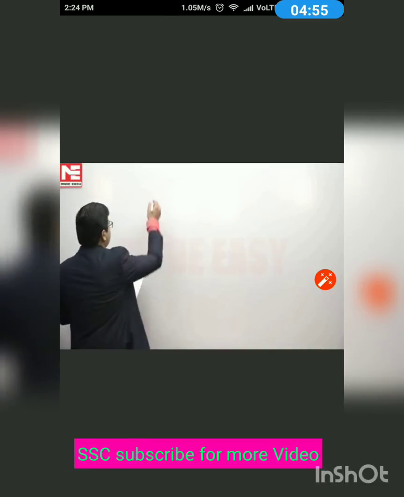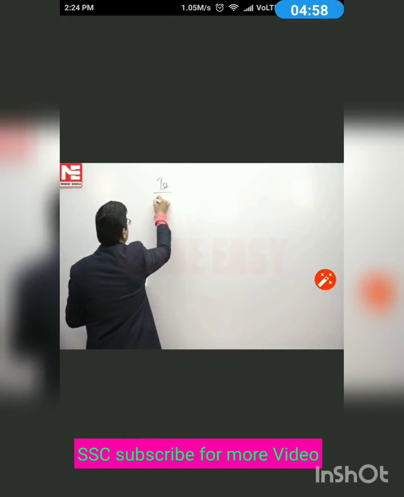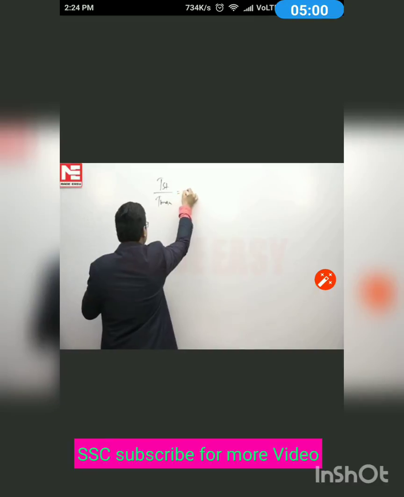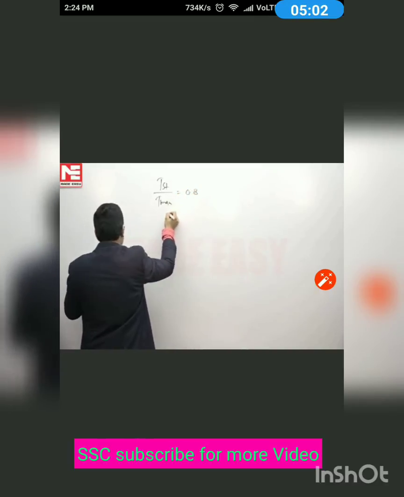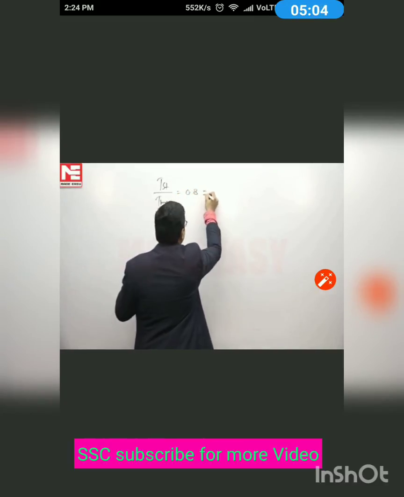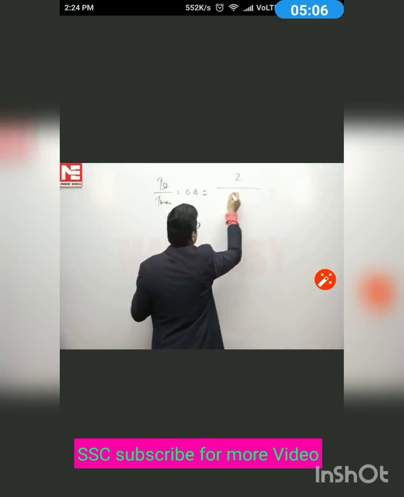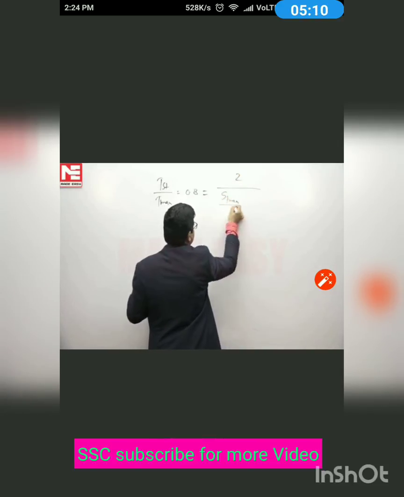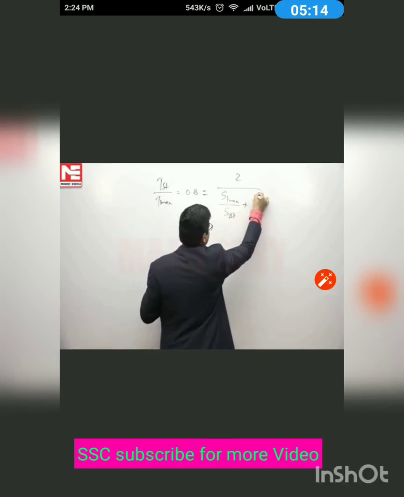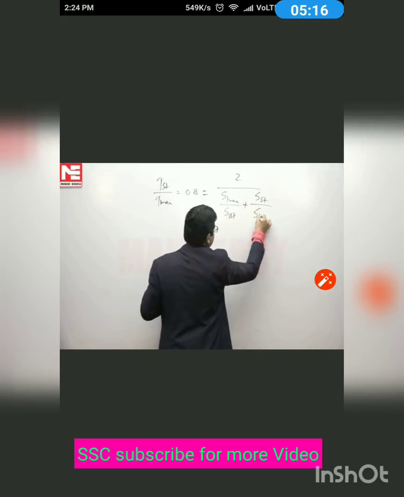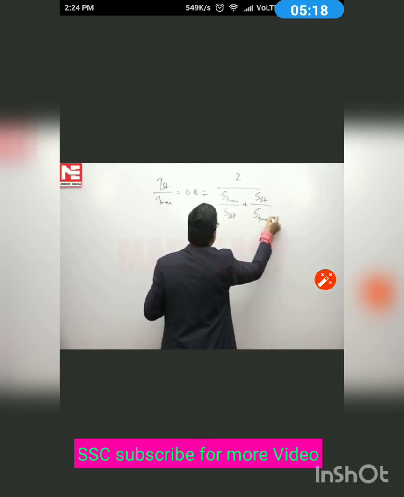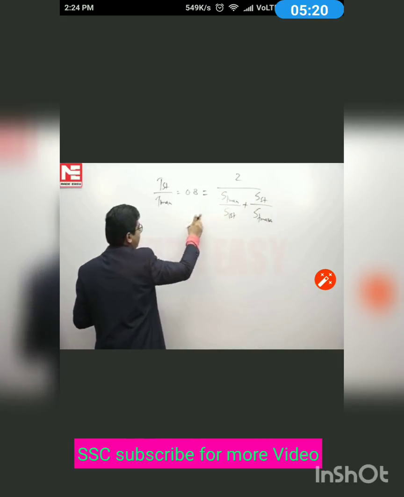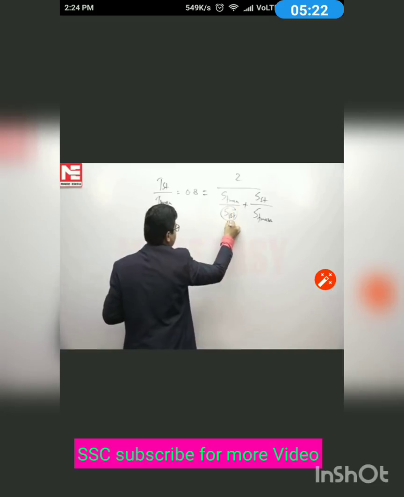In this question, the ratio of starting torque to maximum torque is given, that is 0.8. So from this relation we can calculate the slip at T max, that is 2 by (slip at T max divided by slip at starting plus slip at starting divided by slip at T max). So from here slip at starting, the value is 1.